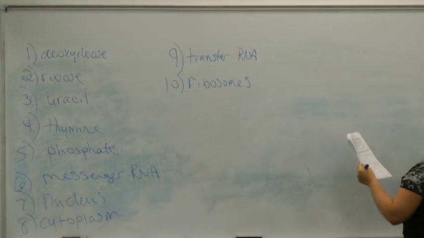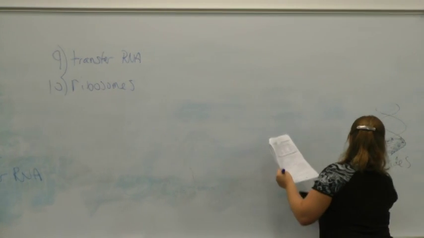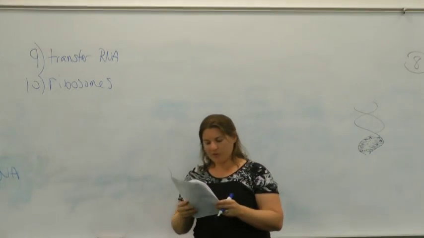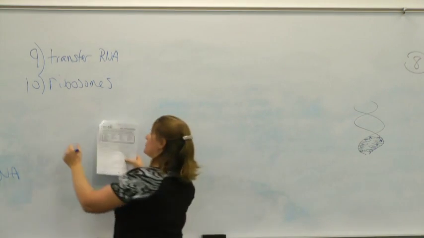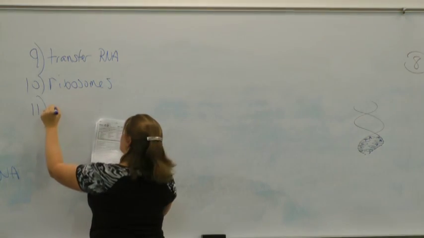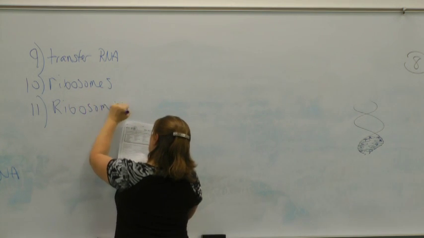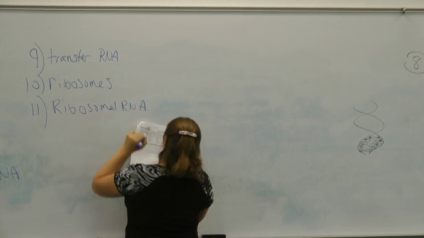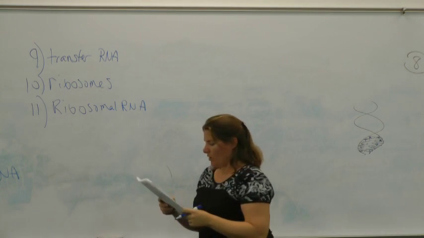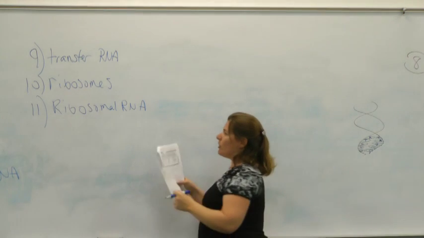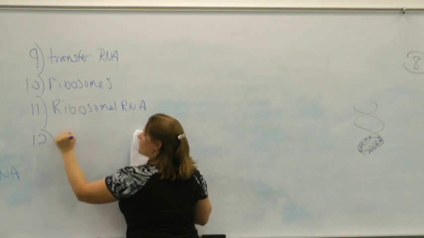These structures make proteins. Okay, the third type of RNA is called ribosomal RNA. All 3 types of RNA are made from DNA in a process called transcription.